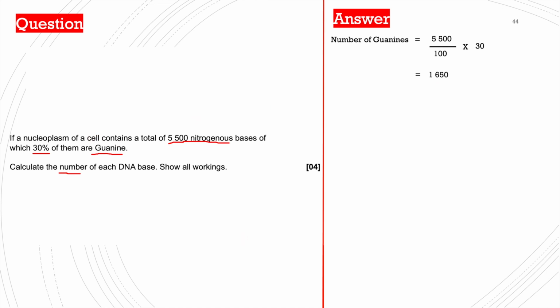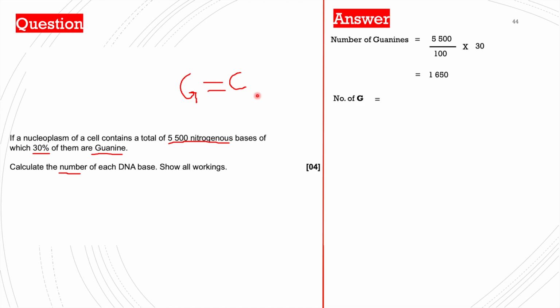So, what do we also know? We know that the number of guanine nitrogenous bases equals the number of cytosine nitrogenous bases. So if guanine is 1,650, cytosine is also 1,650. So we've attained the number of the two.